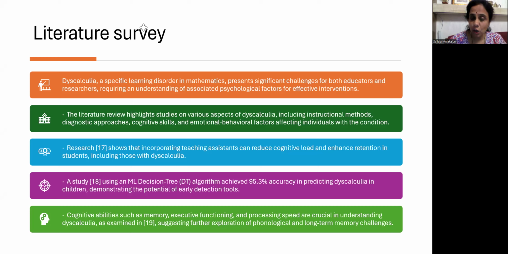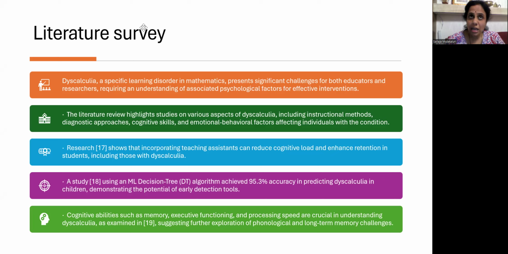In this, we have incorporated various papers which have showcased cognitive load and enhanced retention in students, including those with dyscalculia. In all these, the focus has been more on various assessment models, which are based on intervention and assessment in a theoretical manner.